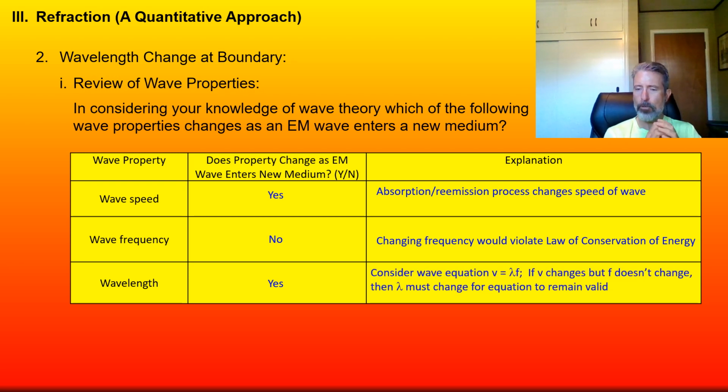From the wave equation, v equals lambda f, if v changes but the frequency is a constant, then the only possibility is that the wavelength must change as well, in order for this wave equation to remain valid. So, bottom line, when a wave travels from one medium into another, remember that the frequency does not change, but both the wave speed and the wavelength will change in a direct fashion.